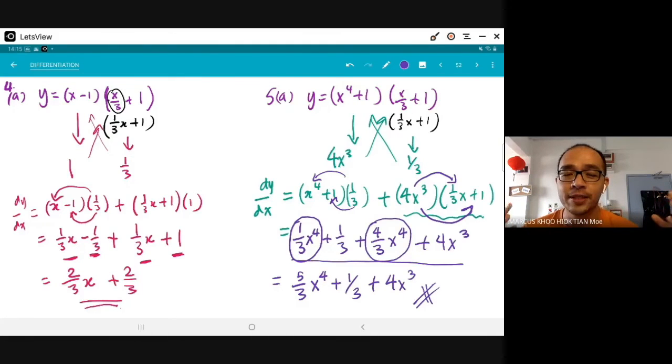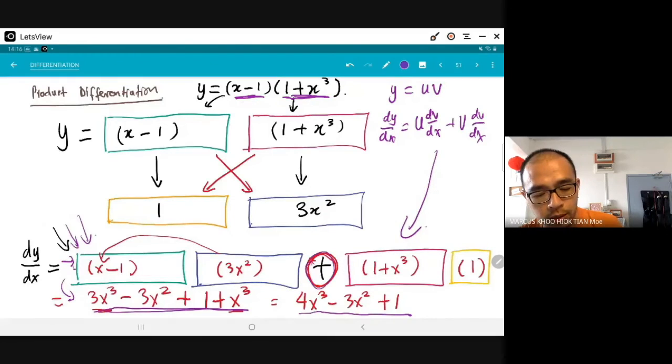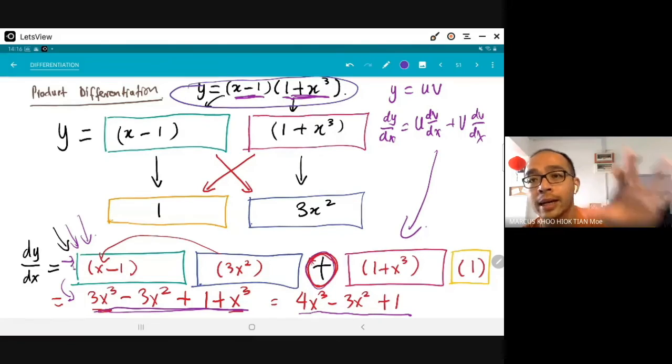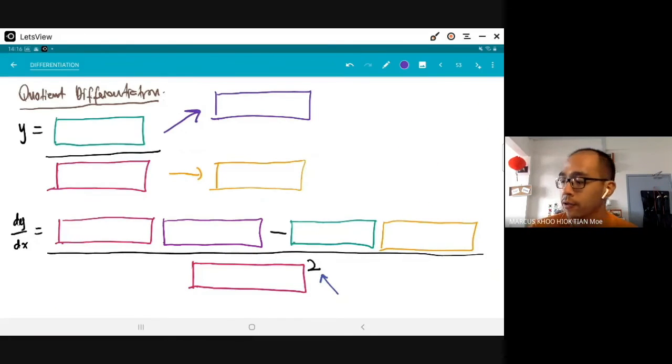Okay, the last thing today, today is a bit like all the high intensity stuff. Okay, the last one is quotient differentiation. So in product differentiation, the original equation is a product, this bracket multiplied by this bracket. But in the quotient differentiation, if you take a look at page 6, I want to do page 6, question number 3.